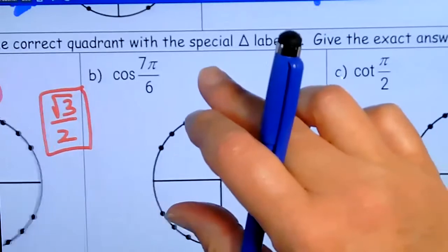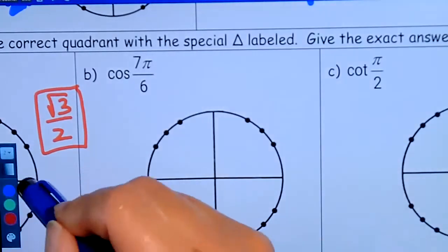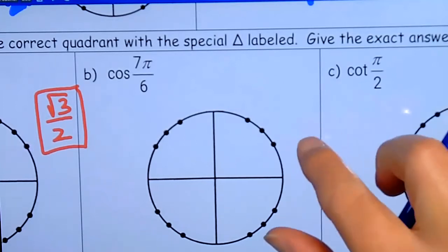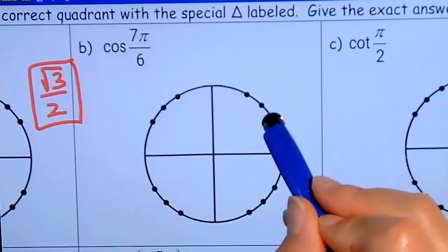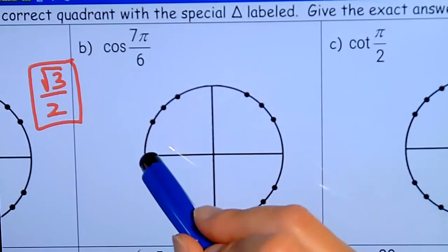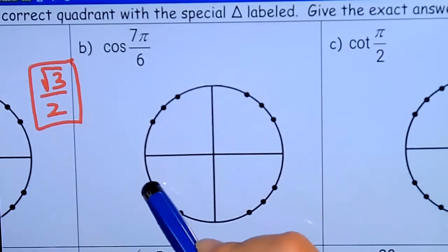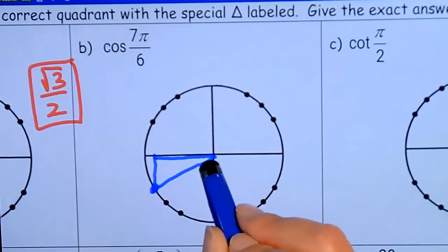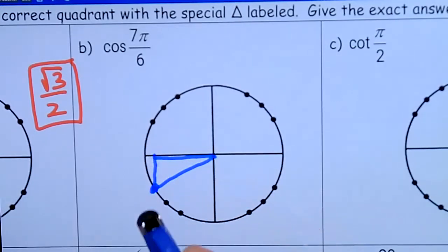On cosine of 7 pi 6, my pi 6 are these ones here. So 7 pi 6, going all the way around to here would be 6 pi 6. This is going to be 7 pi 6 right here. And so this is going to be long, comma, short.